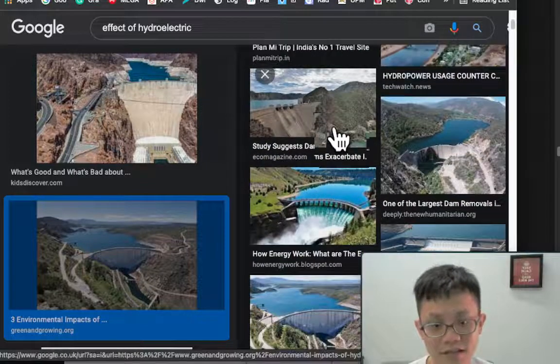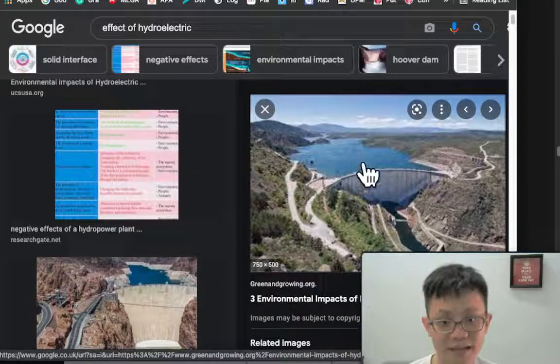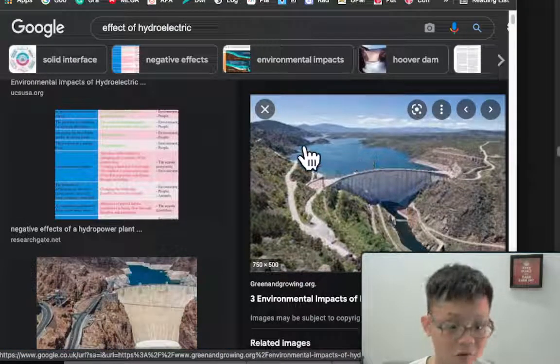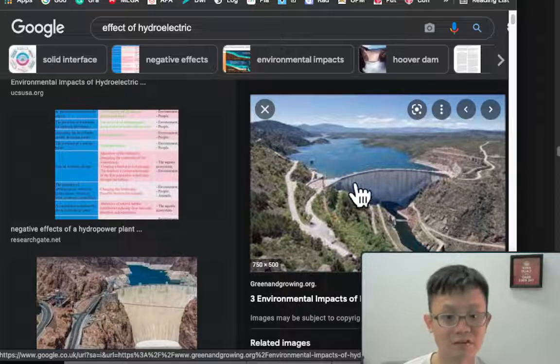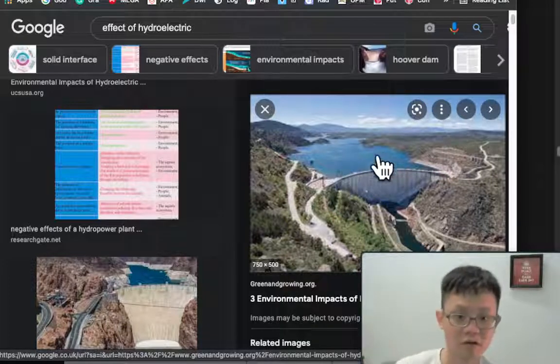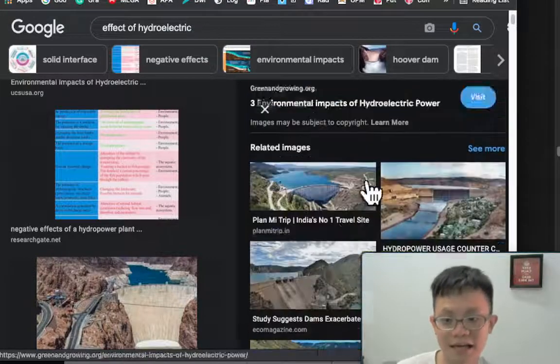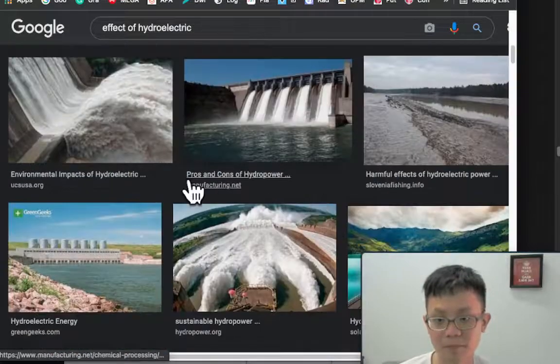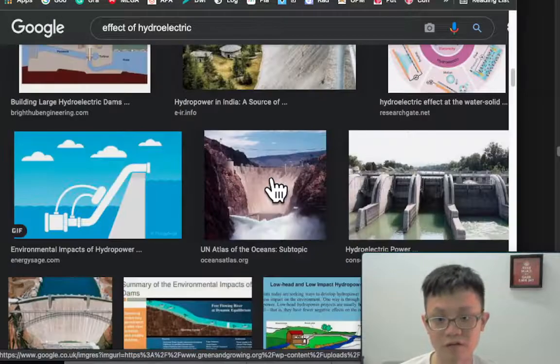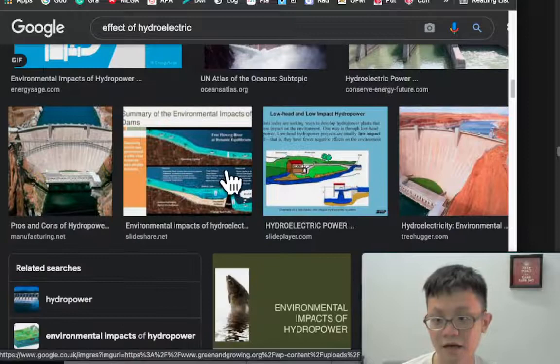So eventually it will destroy a lot of the land, because you can see from here it's just a small river, but once you block it, it becomes a very big river, and we are talking about here the water will go up to here. You cannot see lah, but it will go to a very big place, so it will destroy many areas.